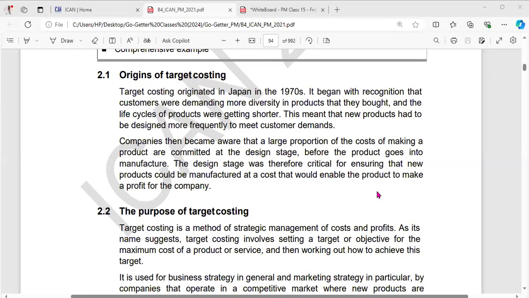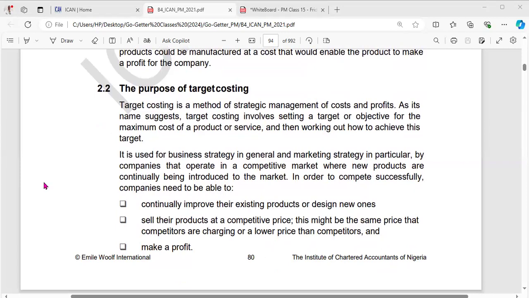Now, what is the purpose of target costing? It's a method of strategic management of cost and profit. It involves setting a target objective for the maximum cost of a product and then working out how to achieve this target.